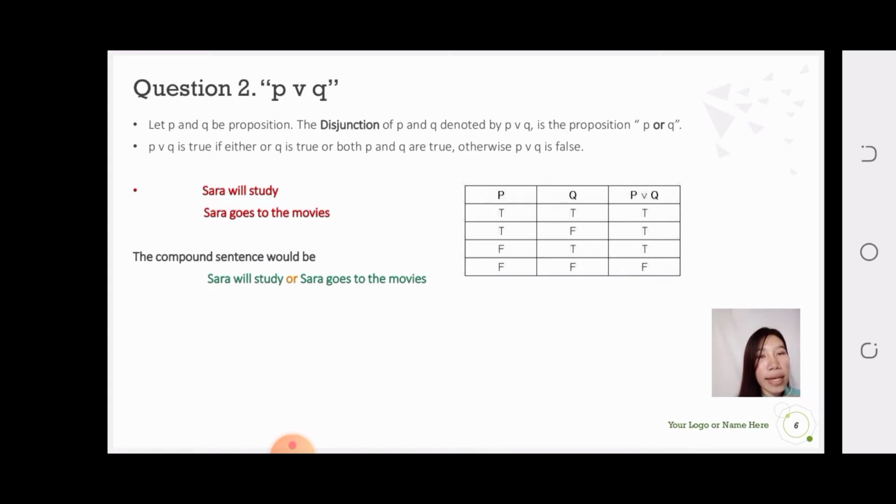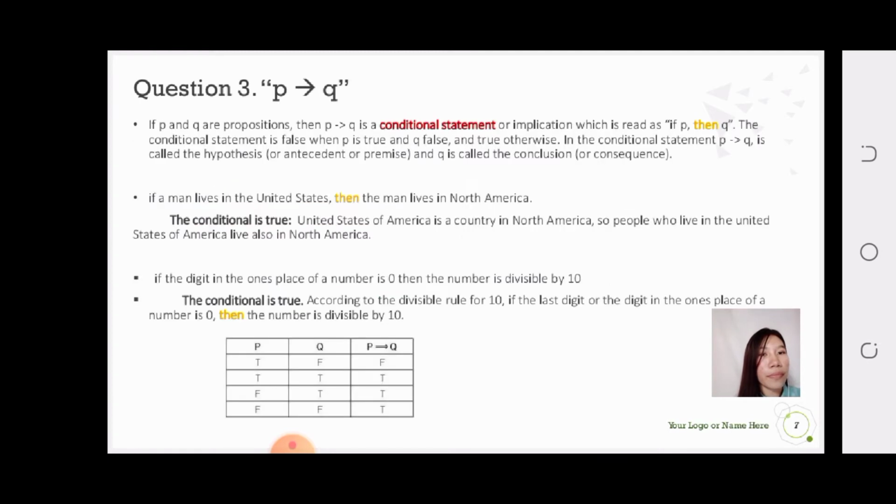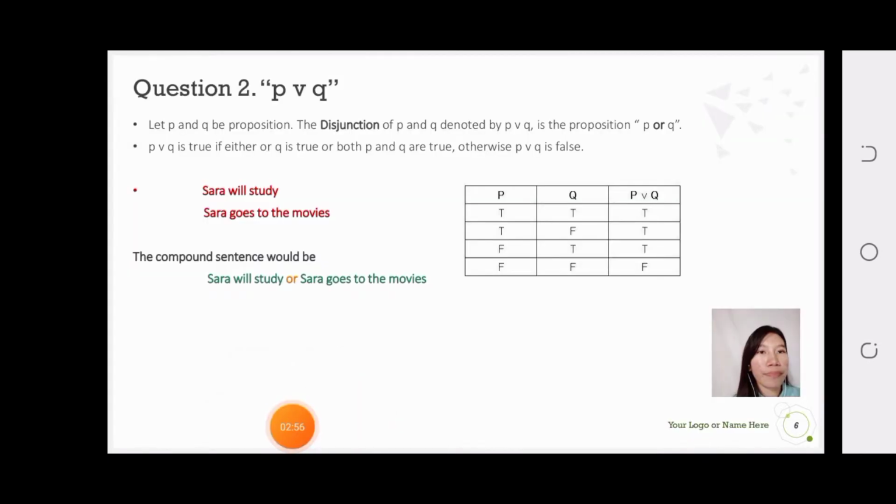Sarah will study. Sarah goes to the movies. And then the compound sentence will be: Sarah will study or Sarah goes to the movies. So, pwede mag-study si Sarah or pwede pud mag-tanog movie si Sarah. It depends kung isabay niya ang iyahang study ug ang movie.